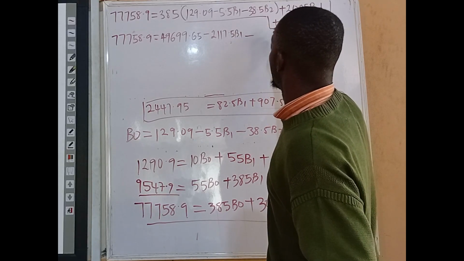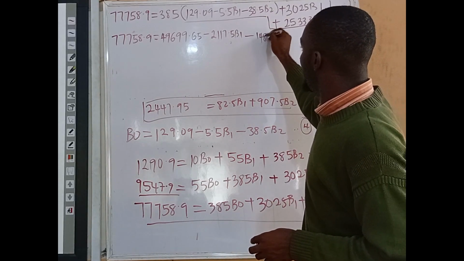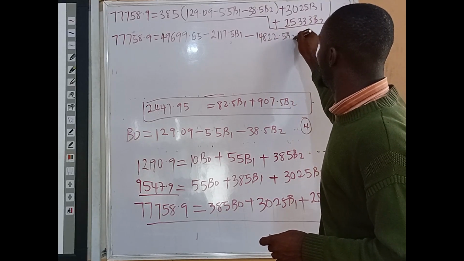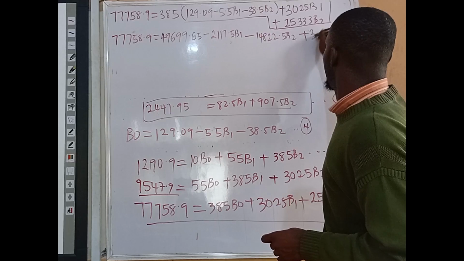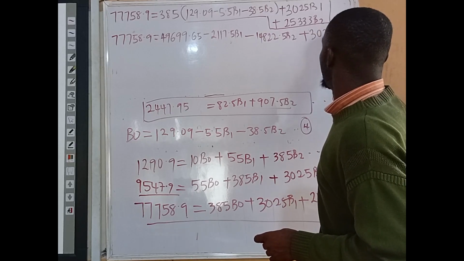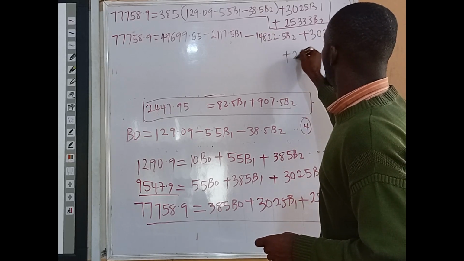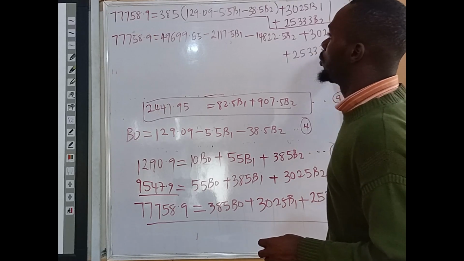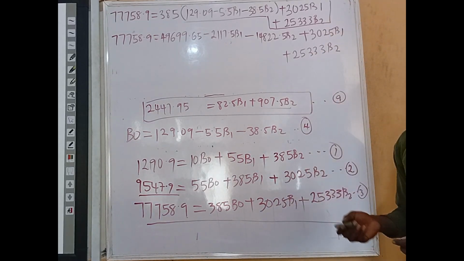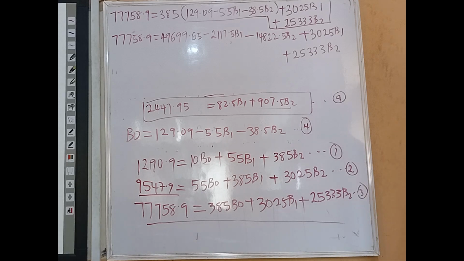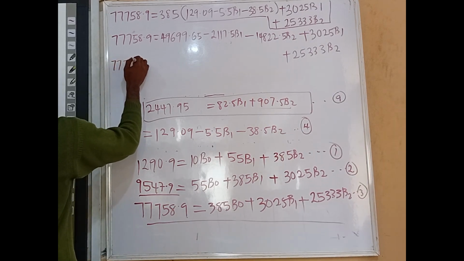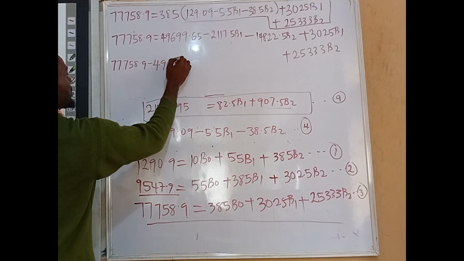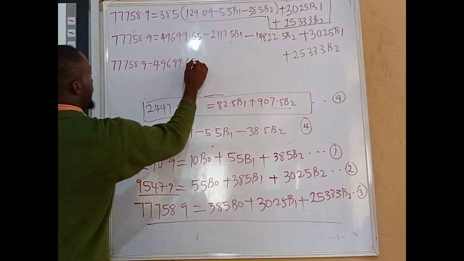Then the next one, 14822.5 B2 plus 3025 B1 plus 25333 B2. Now collect like terms. 77758.9 minus 49699.65.